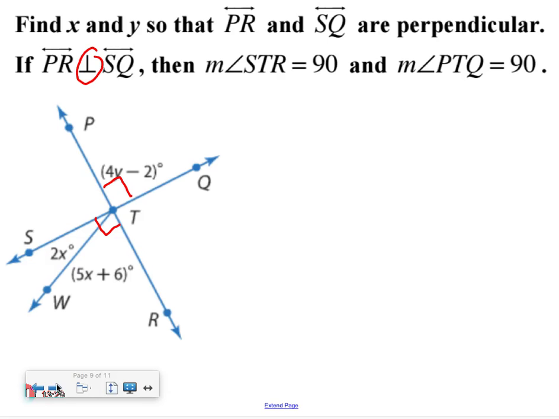Looks like some of us are a little stuck. This angle here has to measure 90. What does this have to equal? 90. So 4y minus 2 equals 90.